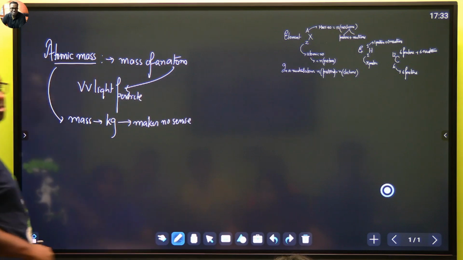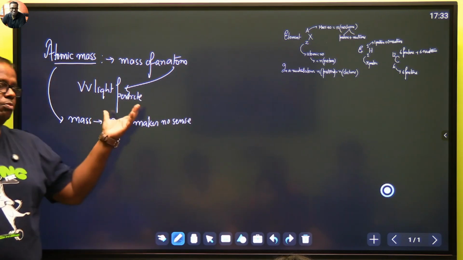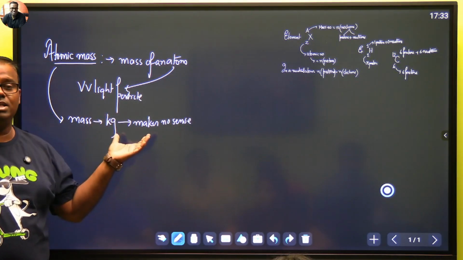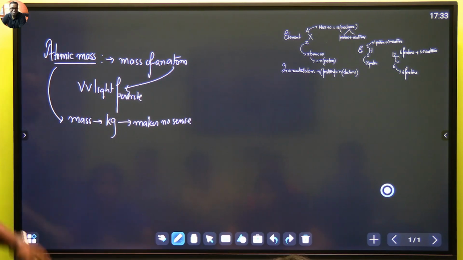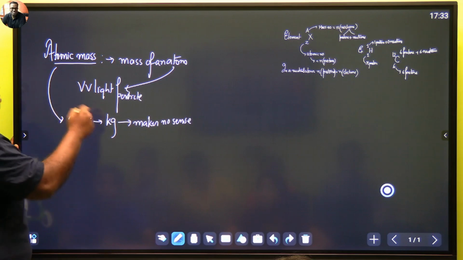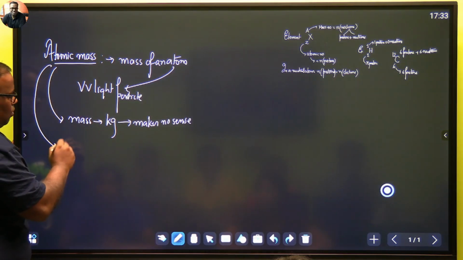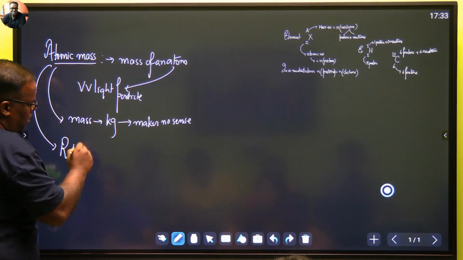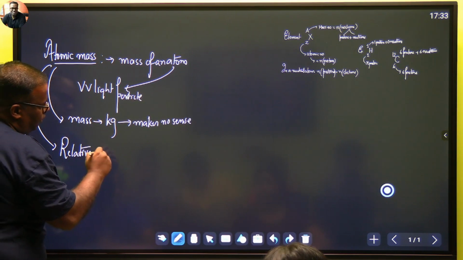So what we measure is not mass, but we measure a separate thing called relative atomic mass.